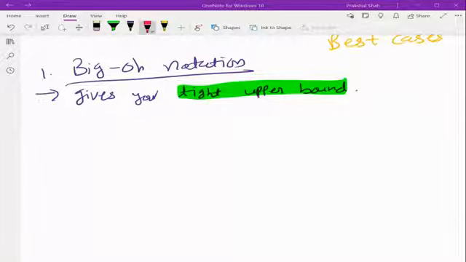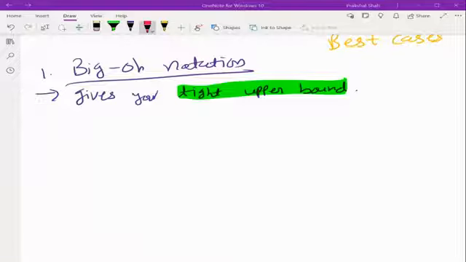Like if you take a flight, they will tell you that you will not be delayed more than 5 hours. That is your upper bound. After these 5 hours, there is no possibility of delay. They will always say that beyond 5 hours your flight will not be delayed.